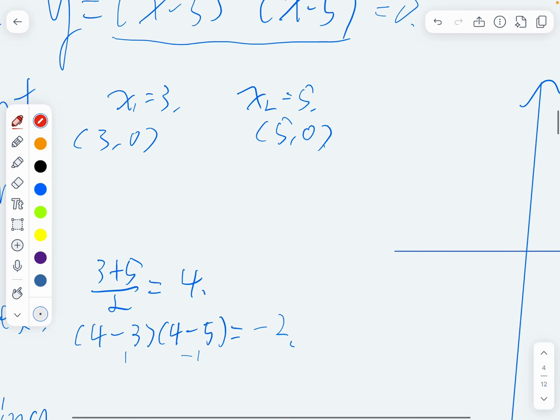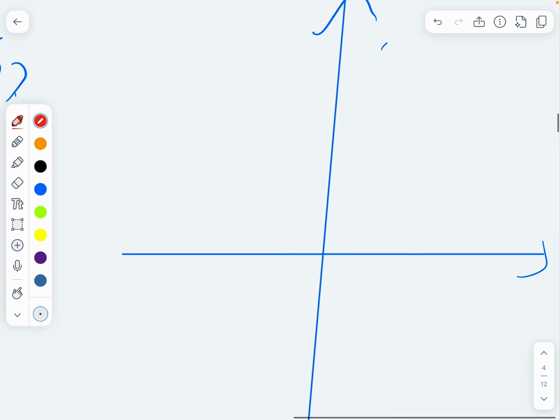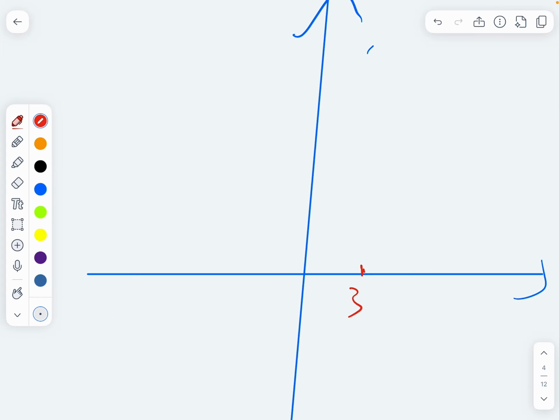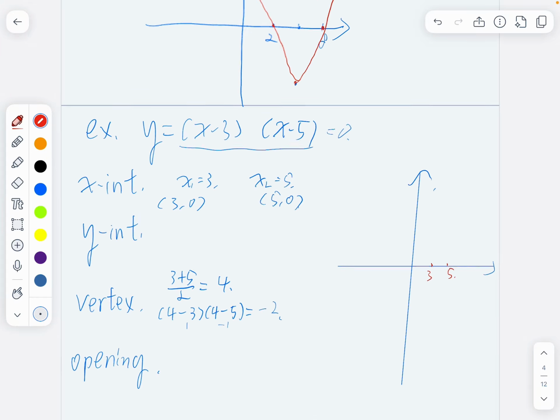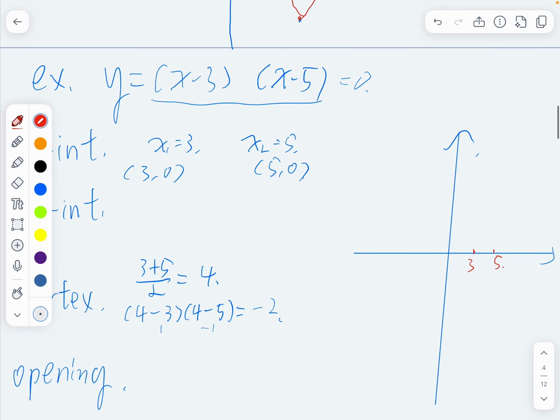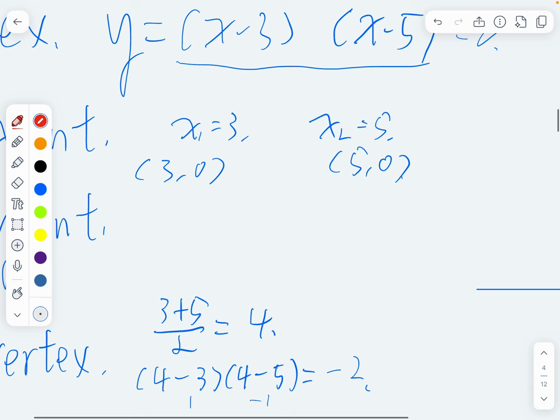Okay, let's do the next one, with 3 and 5. We have not solved the y-intercept yet, but it's easy. Just like before, it's a times r times s, so it's 15.